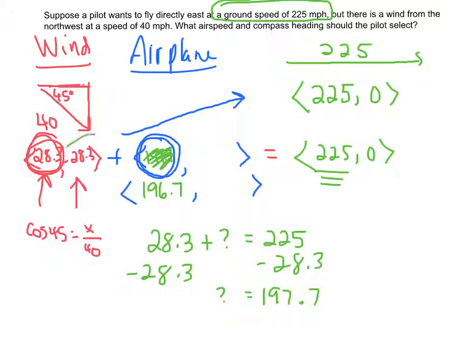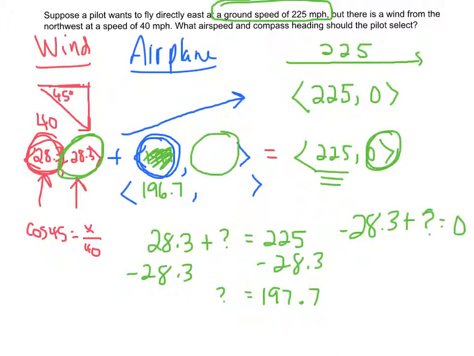If I take negative 28.3 plus whatever this is, I need to get 0. So negative 28.3 plus a question mark equals 0. If I add 28.3 to both sides, that tells me it should have 28.3 miles per hour in the northern direction.